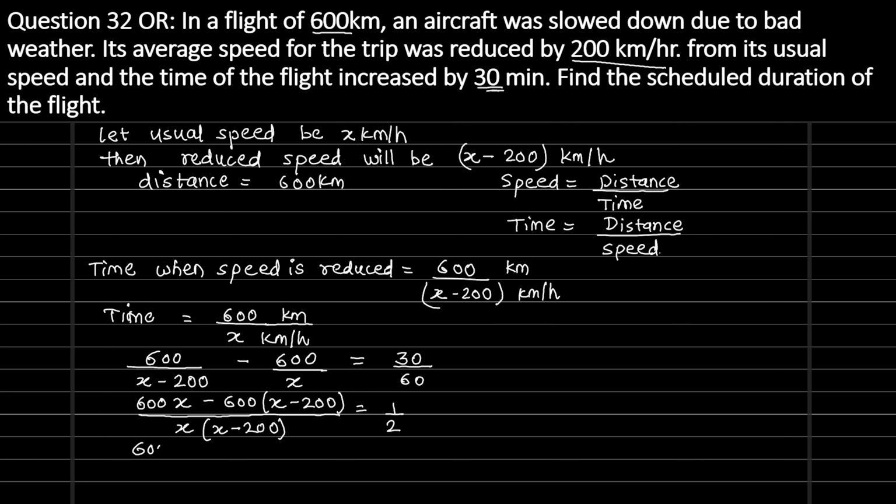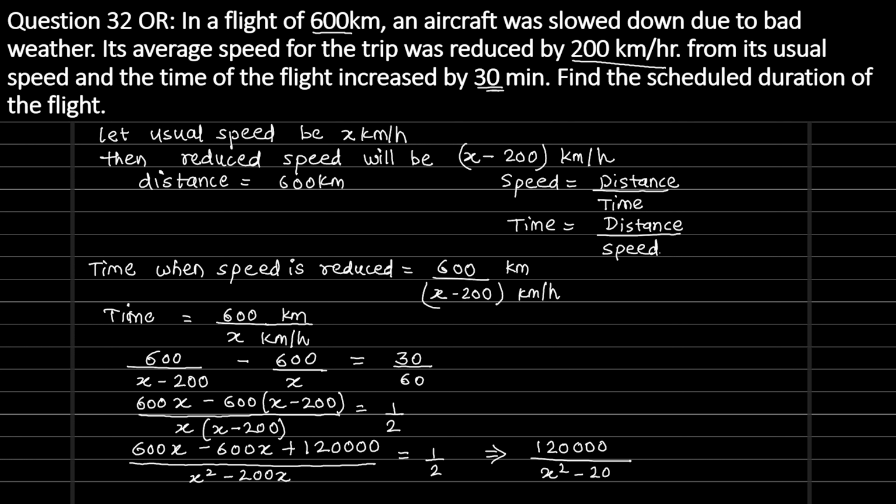This gives us 600x minus 600x, minus 600 into minus 200, that would be plus 1,20,000, divided by x square minus 200x, equal to 1 upon 2. So 1,20,000 divided by x square minus 200x equals 1 upon 2.